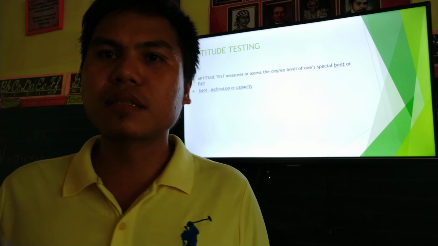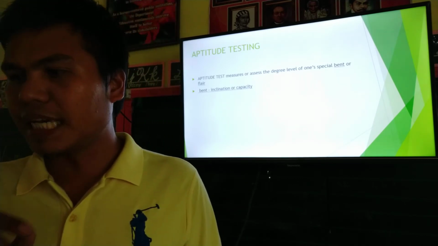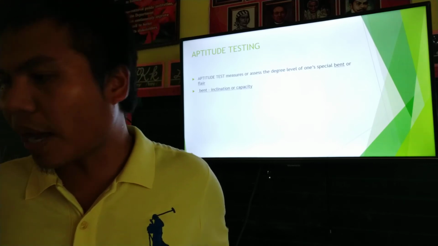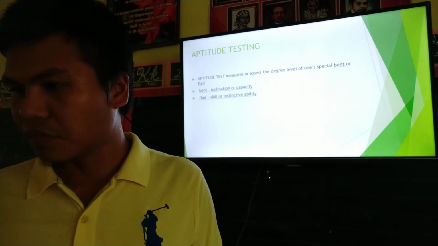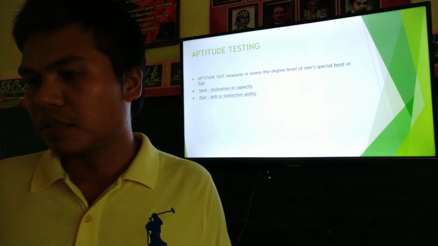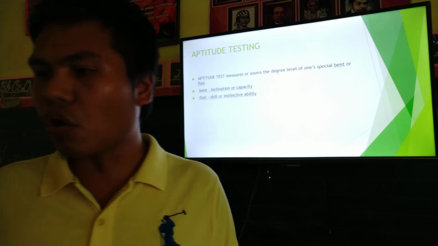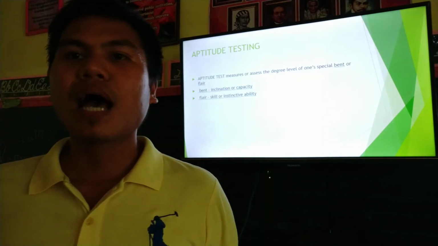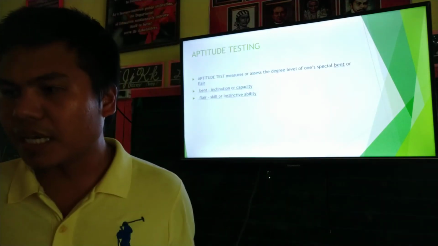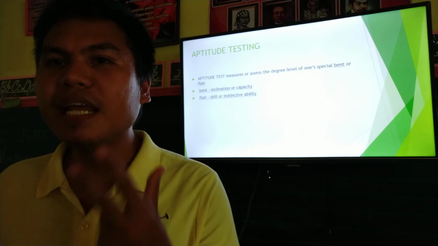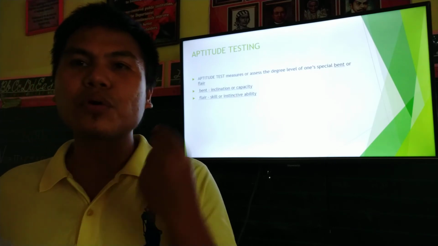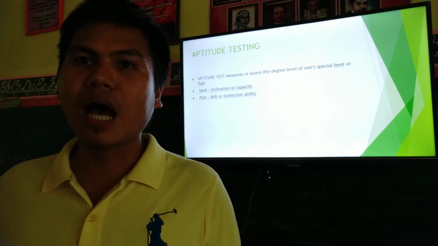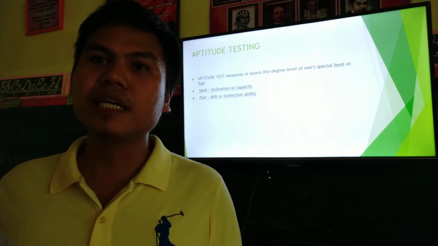The word bent means inclination or capacity, while the term flair means skill or instinctive ability. Meaning to say, aptitude is testing our inclination and our skill. So that's why aptitude test is being employed.